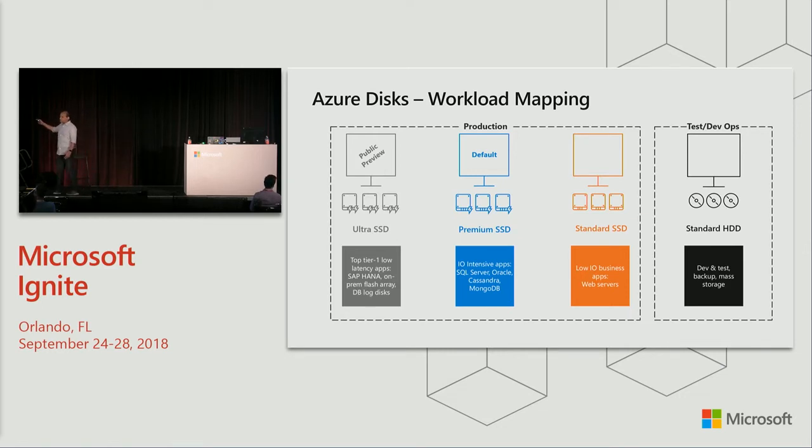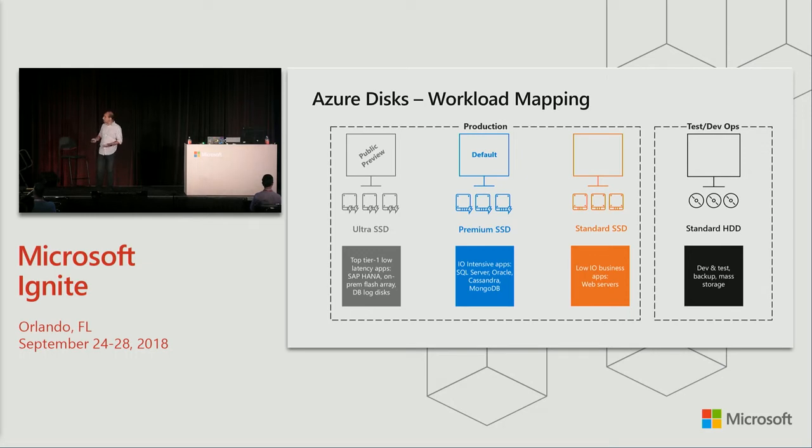Standard SSD, on the other hand, is something we released this week. We consider that a very cost-effective solution for your production applications that need consistent, reliable performance, but don't need high IOPS. It could be things like lightly used enterprise applications, web servers, or anything that needs reliable performance but is not IO intensive.